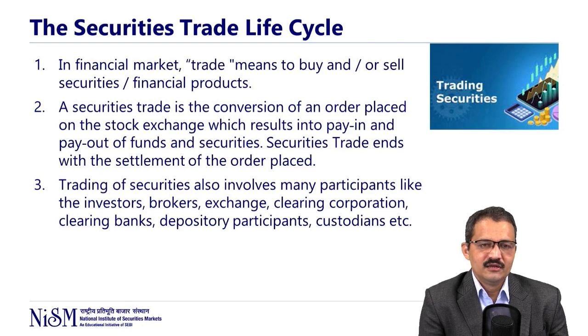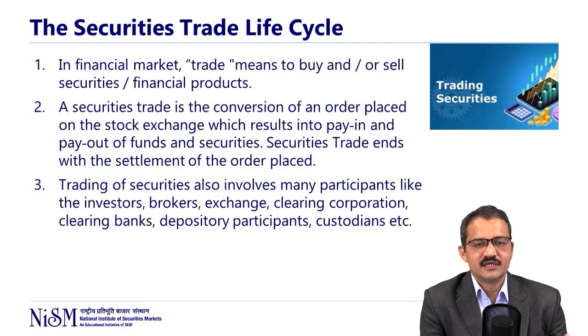The buyer will give the funds and receive the securities, and the seller will receive the funds and give the securities, and only then we will say that the trade is complete. So there are a lot of activities involved in clearing, settlement, and post trading, and various participants are also involved in this trade life cycle.